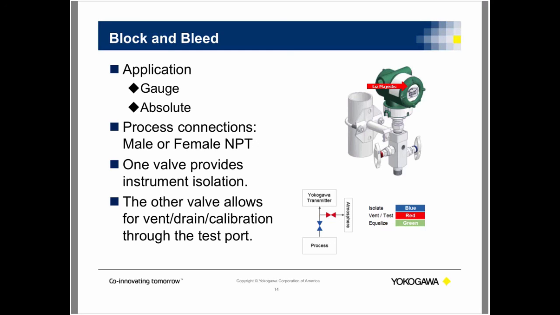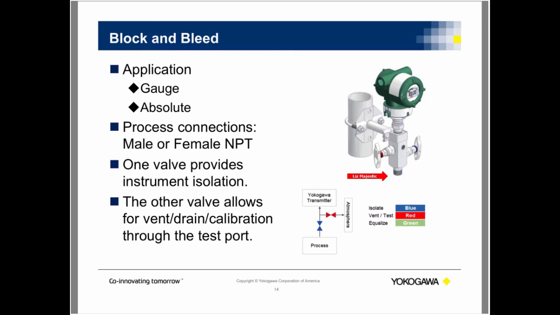Now, for calibration, this would be generally done at the factory, but you can do it out in the field. That's the good thing about having a manifold. So the main important thing is to make sure that you have piping arrangements done, because it is a threaded connection, so you want to make sure that your threaded connections are right, because that can be a huge problem out in the field, especially if you order female and it's actually male, or male versus female.